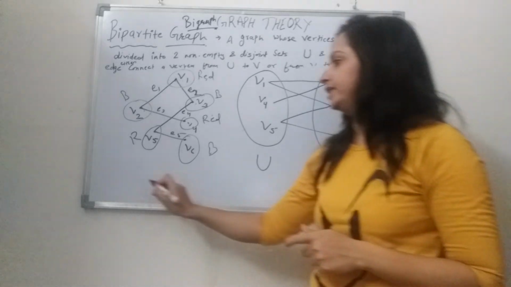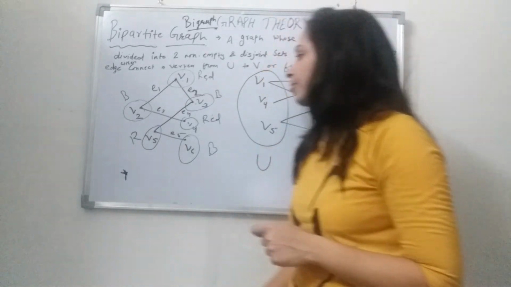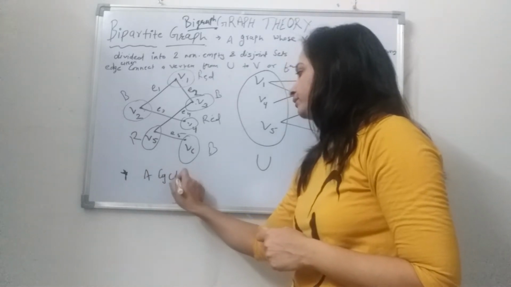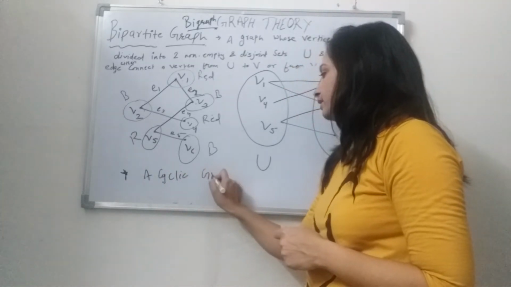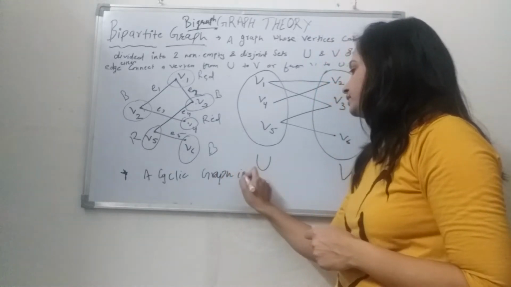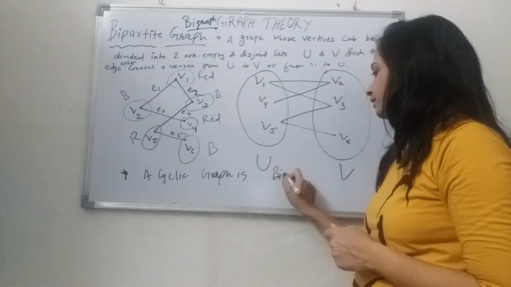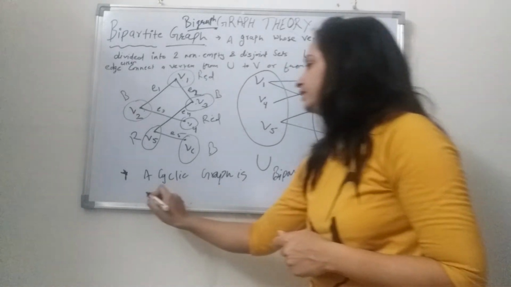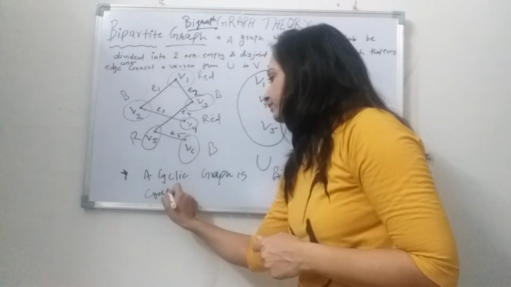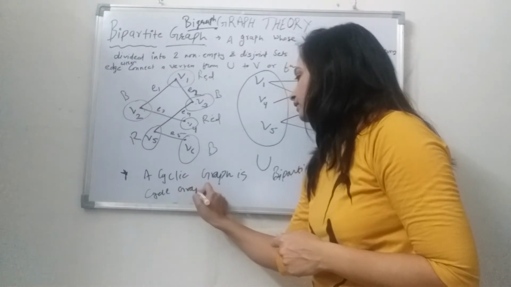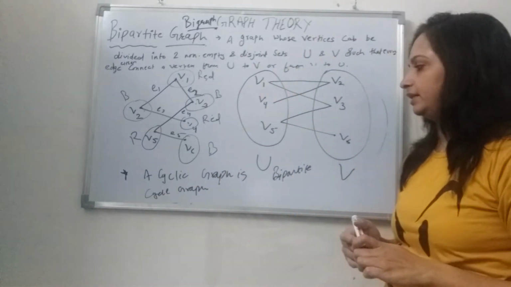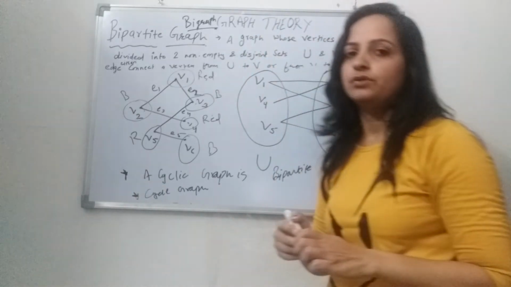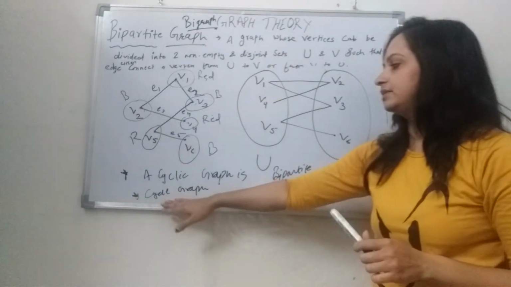I can make a point here that every acyclic graph is bipartite, because it can be colored with two colors. And if there is a cycle graph, it will have either an even or an odd number of vertices.